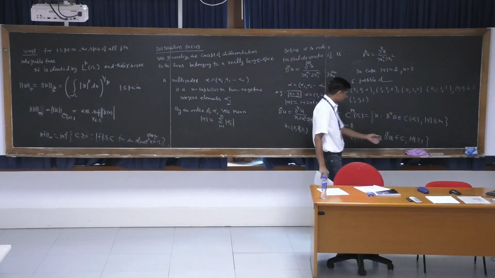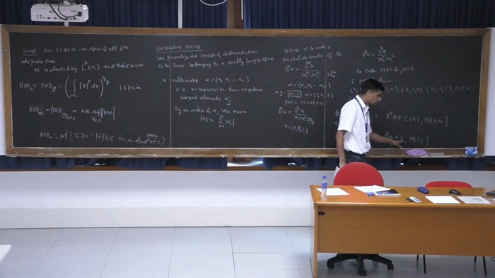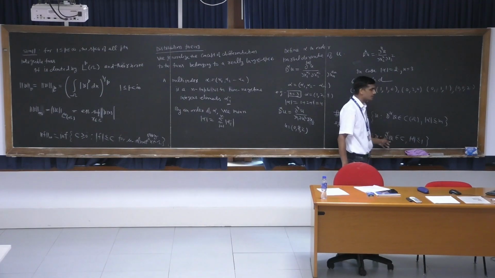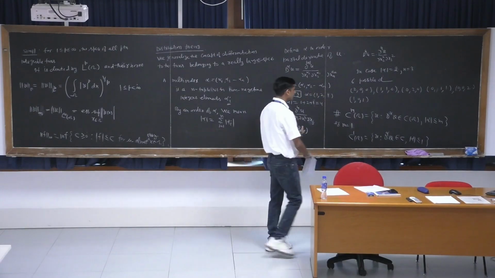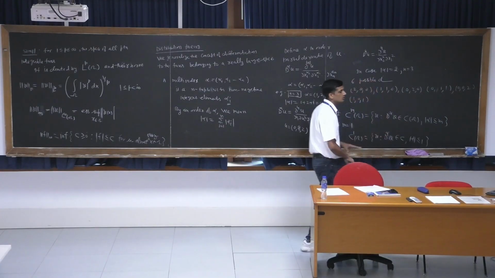This means alpha can be 0, meaning v belongs to continuous, and alpha can be 1, meaning its first derivative is also continuous. So this will contain only two types of functions: those whose function is continuous and whose derivative is also continuous.